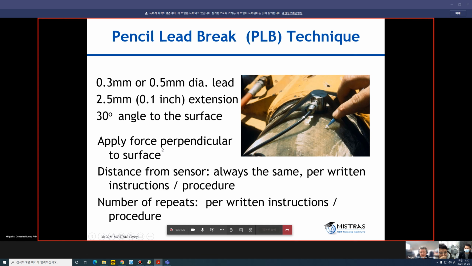Then to break the pencil tip, we apply a perpendicular force to the surface, and we need to perform this pencil break at a specific distance from the sensor, which has to be always the same. Usually this distance is between 5 and 10 centimeters away from the sensor.